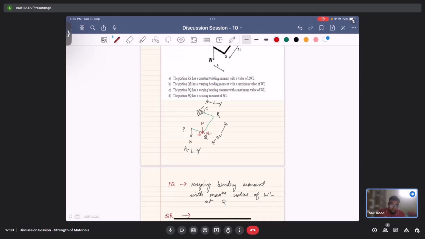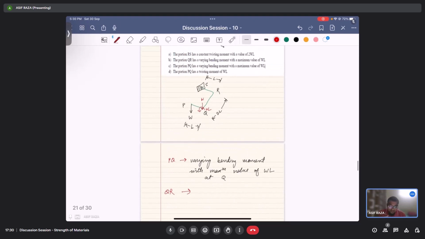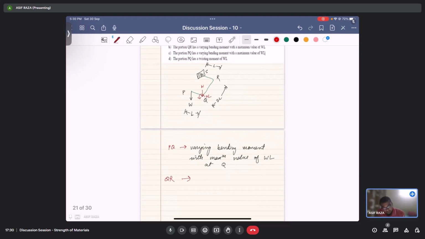This WL would be a twisting moment for that system, and it will be constant throughout.